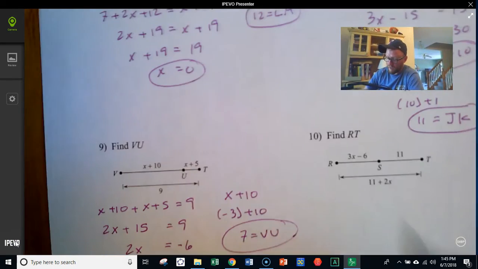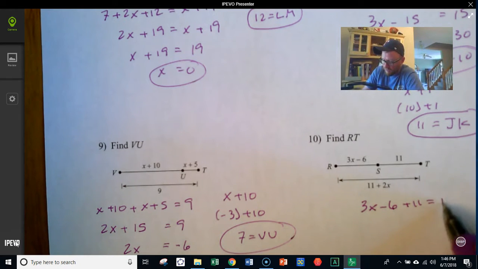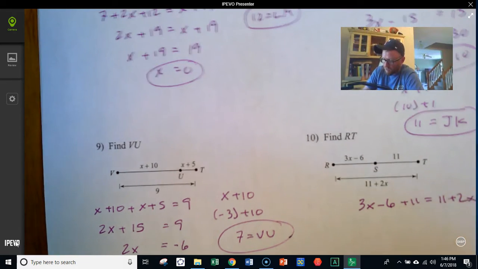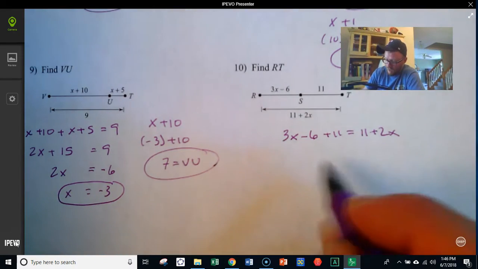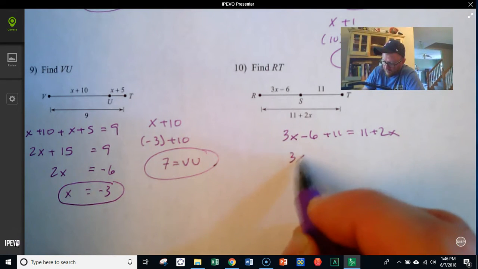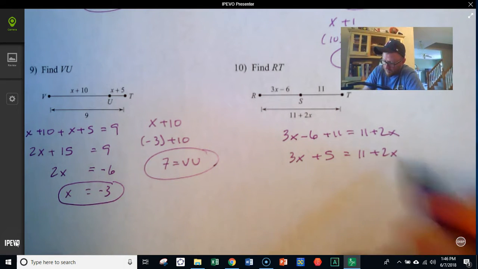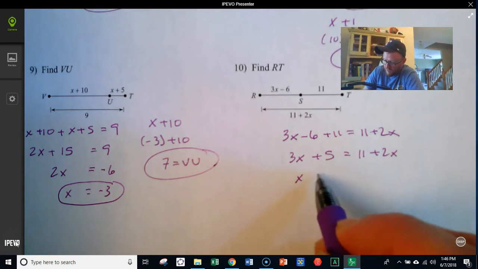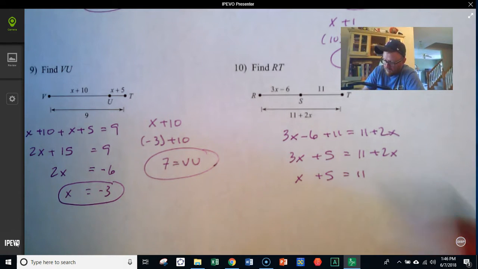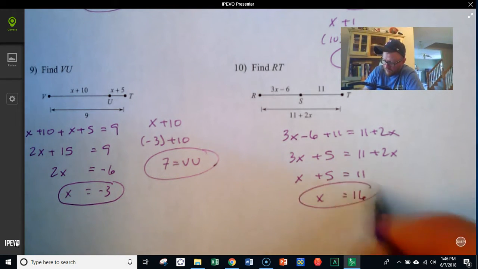Okay, here we have 3x minus 6 plus 11 is 11 plus 2x. So we've got, let's see, minus 6 plus 11 is 3x plus 5 equals 11 plus 2x. x plus 5 equals 11. x equals 16.